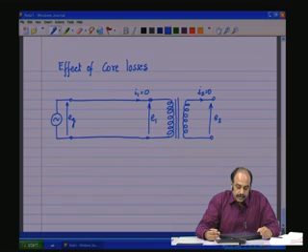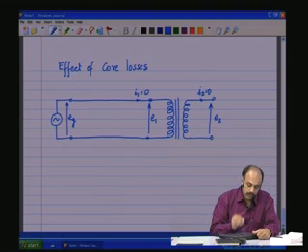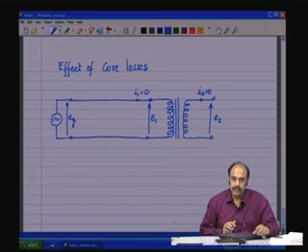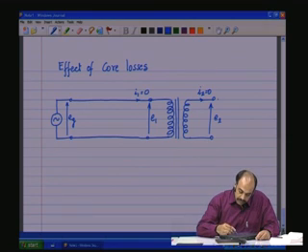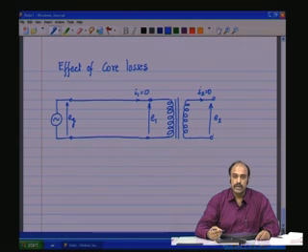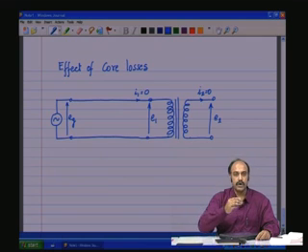But in a practical transformer, we said that there are core losses, one of the non-idealities we are introducing. Now, if there are core losses, even when there is no load connected across the secondary terminals, the hysteresis loop is going to be traversed.